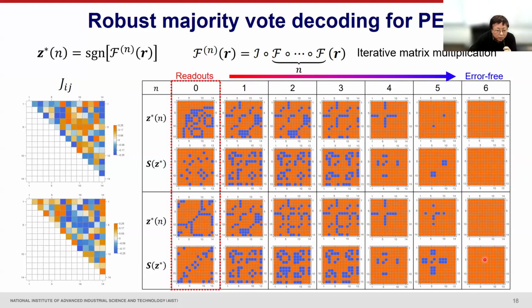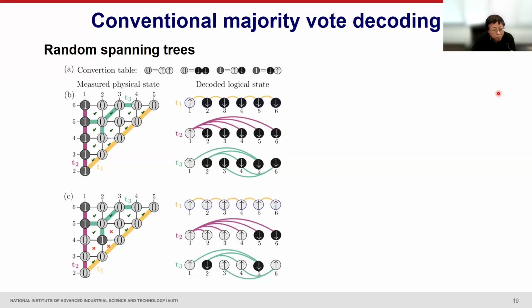We see that the inference G star n approaches error-free matrices as n increases. This is observed for a wide variety of false readout states. Thus, we conclude that this offers a robust majority vote decoding for parity encoding spin system.